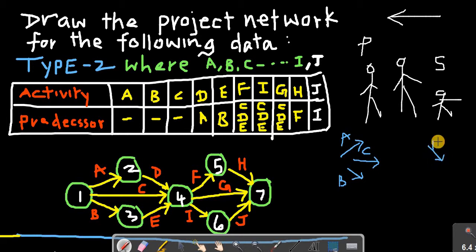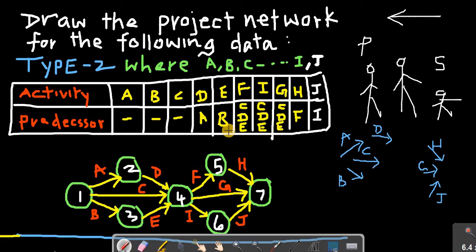So I take H and G because they don't have a successor, and the last one J also doesn't have a successor. The next one, the predecessor of D is A. So I am taking D like that, so that A becomes the predecessor of D.